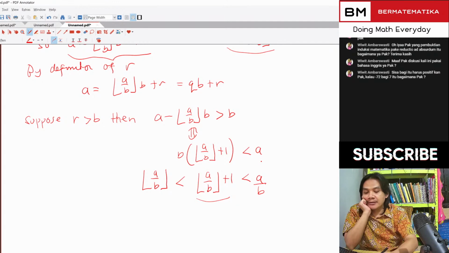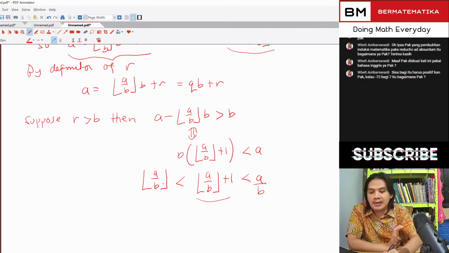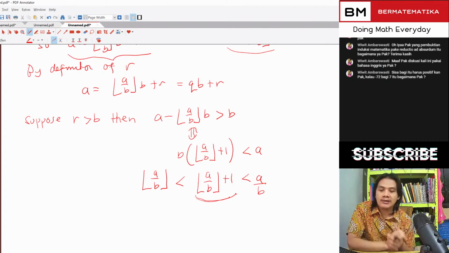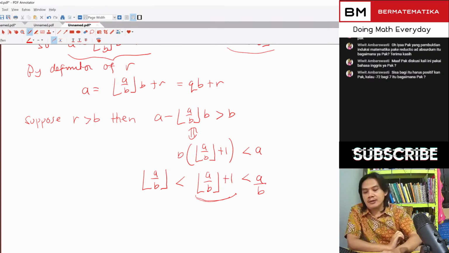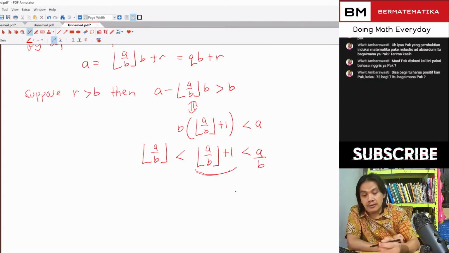Remember that the definition of the floor is the greatest integer which is smaller than a over b. But here we come up with a bigger integer than the floor of a over b, but it is smaller than a over b. So this contradicts the definition of the floor of a over b.